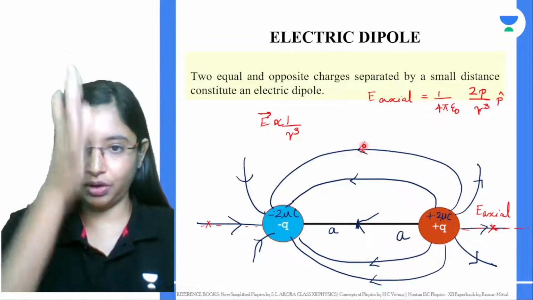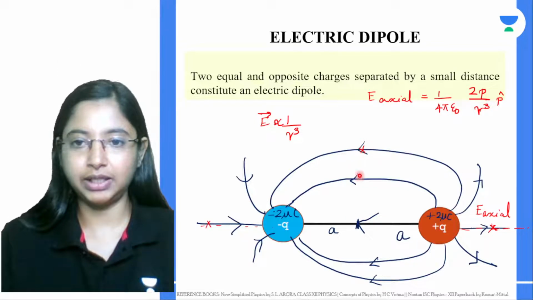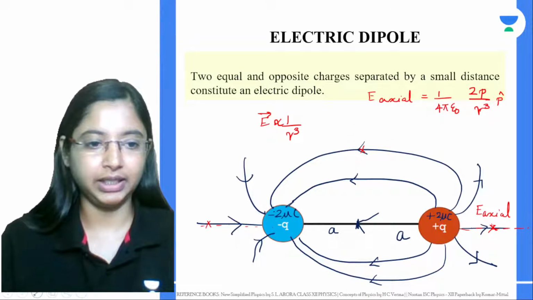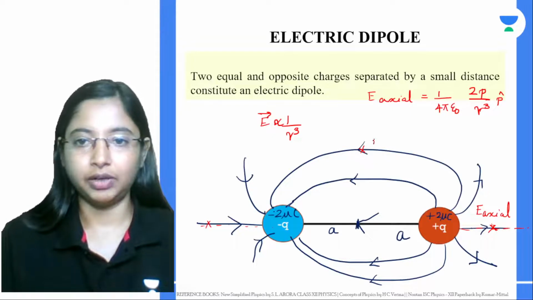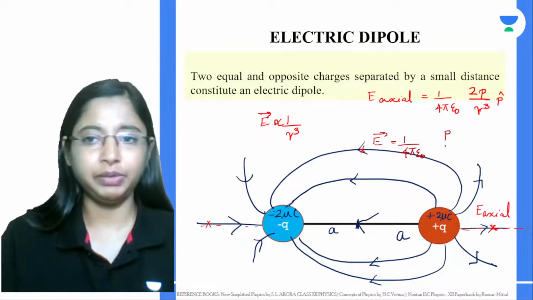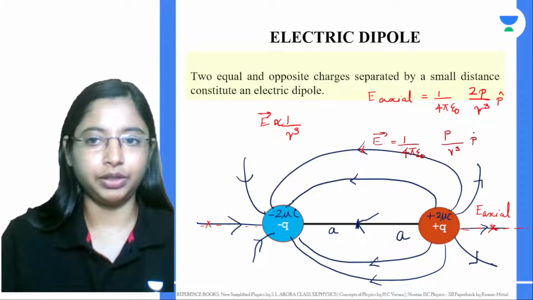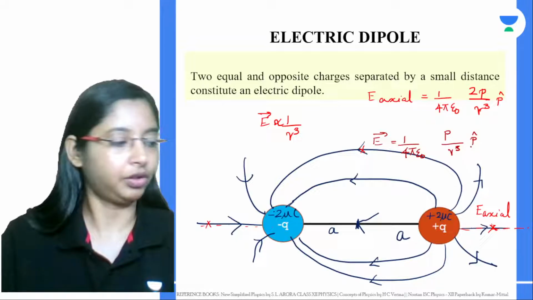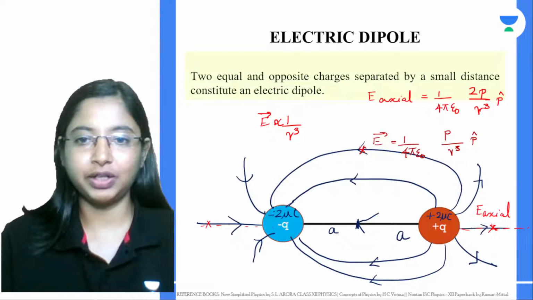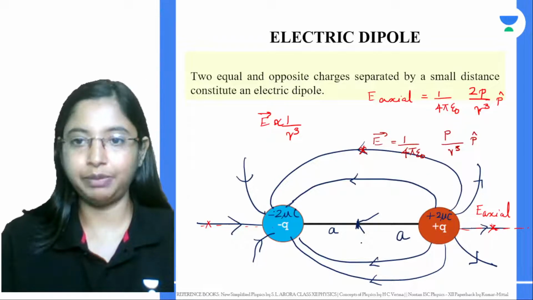On the plane, which is perpendicular to the line joining the charges, if you want to find the electric field at these points, this E will be equal to 1 by 4 pi epsilon naught, p divided by r cube into p cap, the unit vector. So from here you can see this is the strength at these points on the perpendicular line.